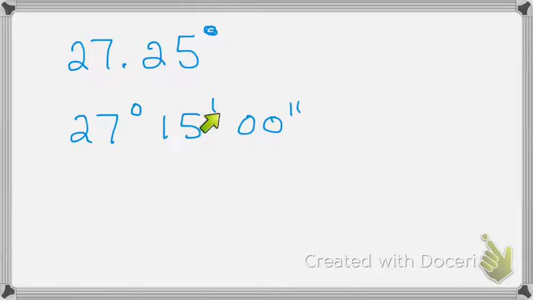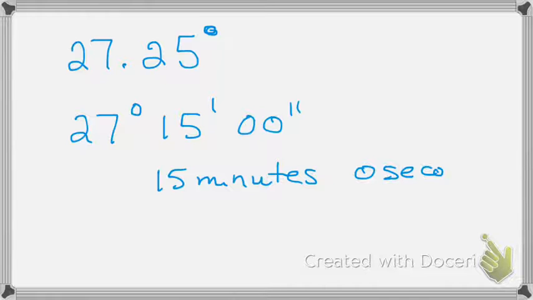So what that means is, this stands for minutes and this stands for seconds, kind of like they do feet and inches, only 15 minutes, 0 seconds. So the reason they use this notation kind of like a clock is because a minute is 1/60th of a degree.